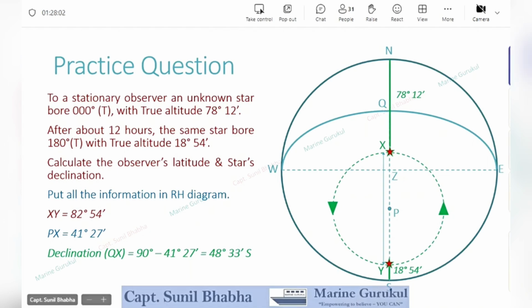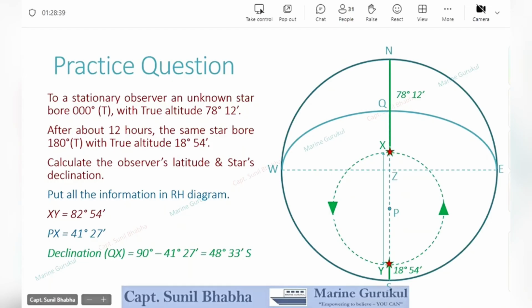Sir, my understanding is if my bearing would have been 180 for 78 degrees 12 minutes, then it would have been the North Pole. No, beta. If the bearing of 78 12 was also south, that means this full circle will be between Z and S. And opposite to what the question is, if 18 54 would have been 000, then it would have been the North Pole.